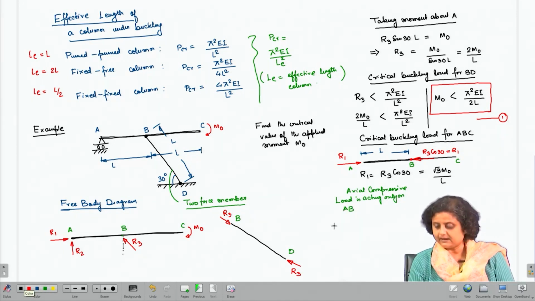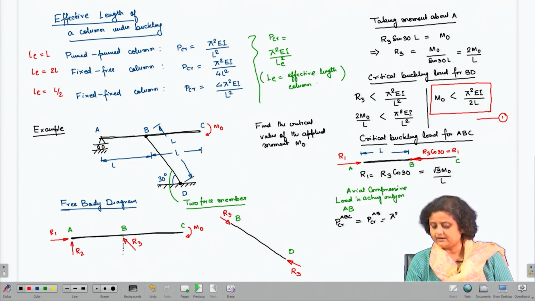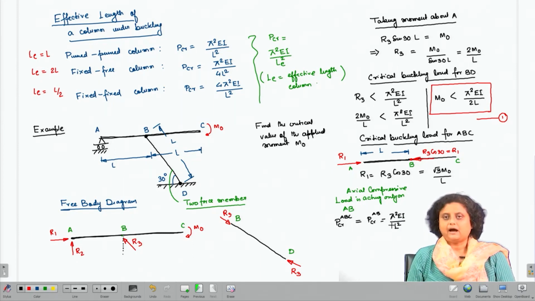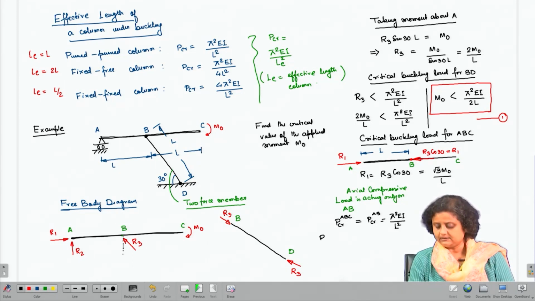Therefore, my critical buckling load P critical for ABC is going to be P critical for AB, which is pi square EI by L square. Now, R1, which is equal to root 3 m0 by L, has to be less than pi square EI by L square.